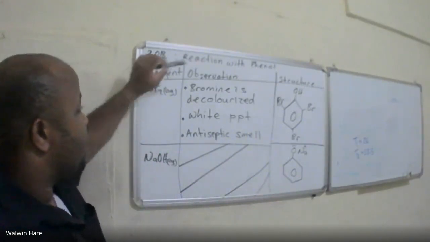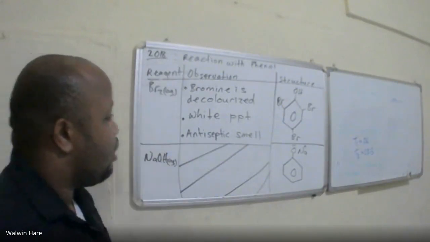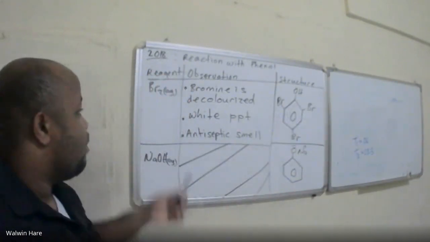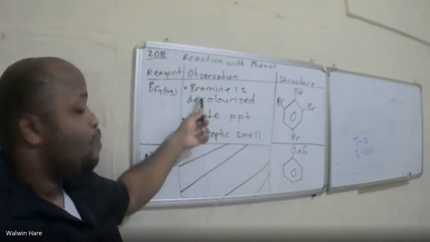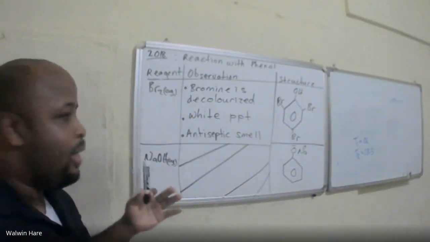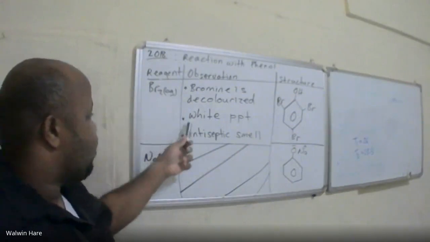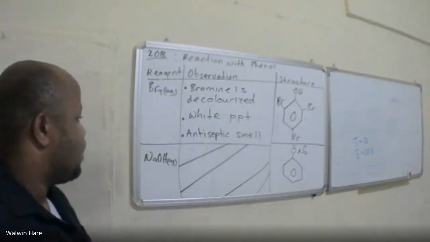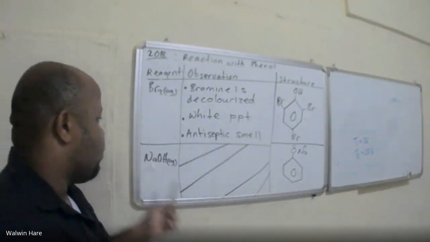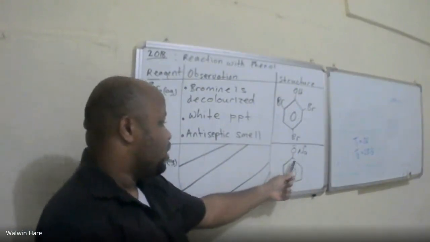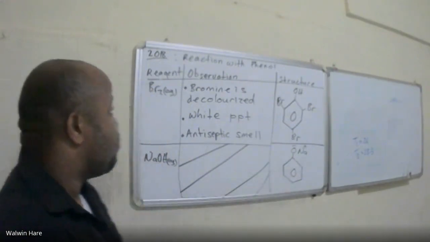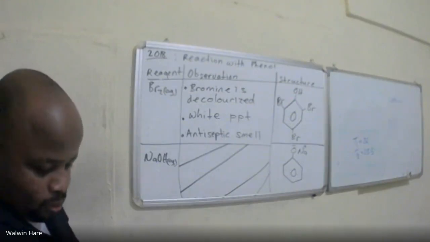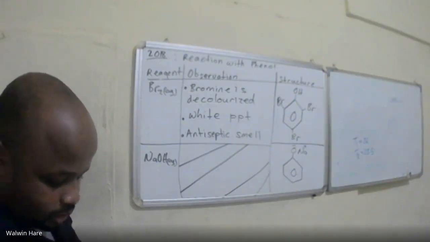If you remember, with aqueous bromine and phenol, you would get 2,4,6 tribromophenol. For observation, the bromine would be decolorized. You would get a white precipitate, which is the tribromophenol, and the antiseptic smell. With sodium hydroxide, you would get sodium phenoxide as the product. This was from 2018. We're about to move on to the next question.